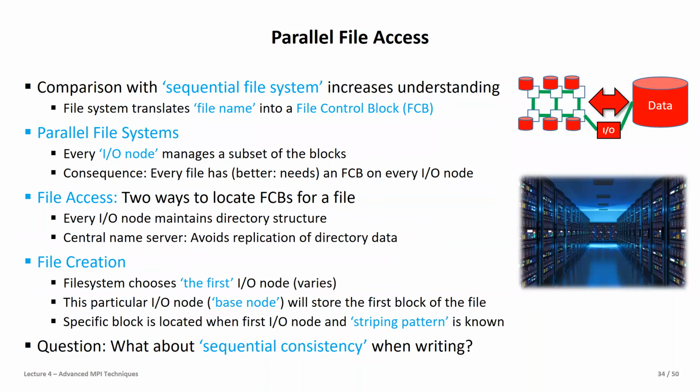And the parallel file access in the end is very different from the typical things you know from the file system, which is always a sequential file system. For those of you in the course who use a text editor and edit a file, and then open another text editor and open the same file, right? Now you come to the problem.